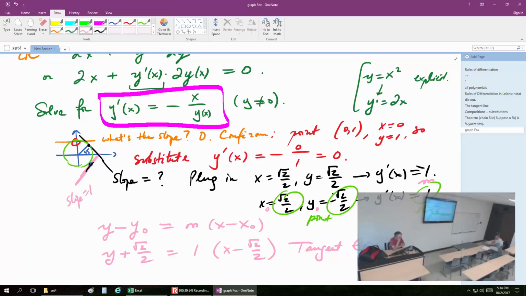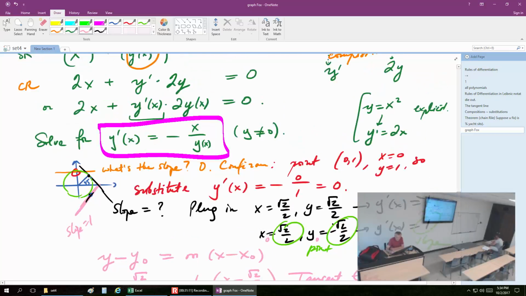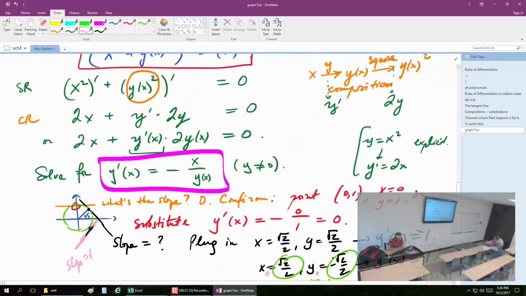The only difference is the formula might be more complex than the circle. That's all, but the procedure is the same. The tricky part for a moment is the chain rule.